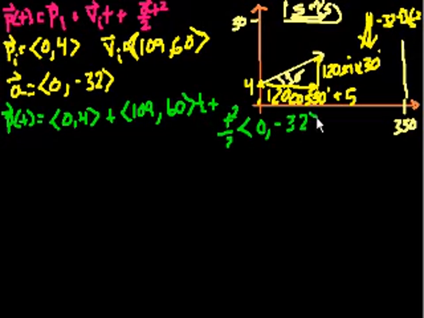This is actually a little cleaner way of writing it, but this is exactly what we did when we did it with unit vectors. Instead of writing the i's and j's, we're just writing the numbers in brackets here.